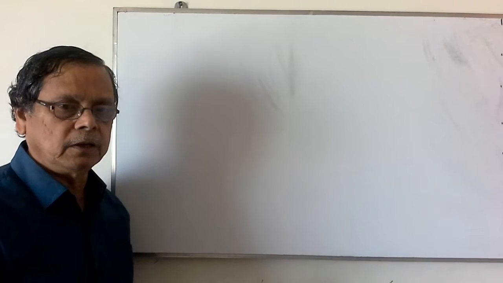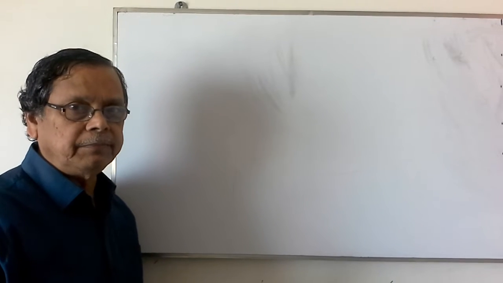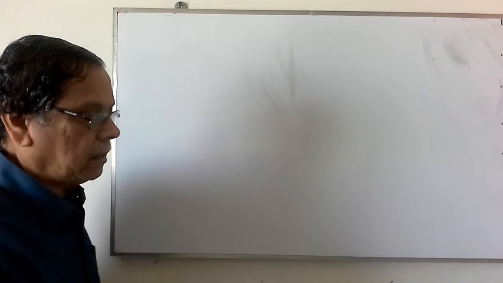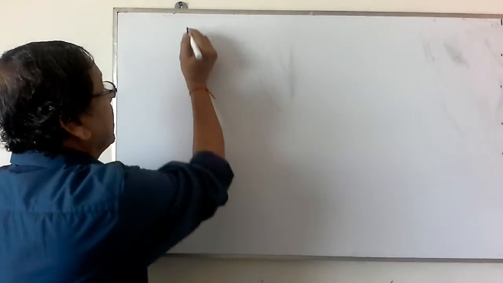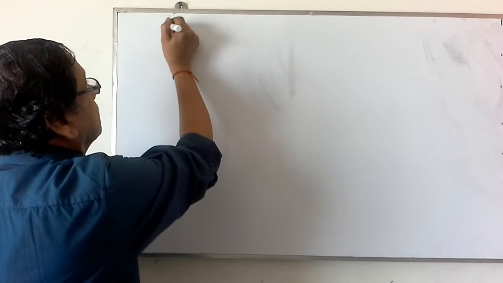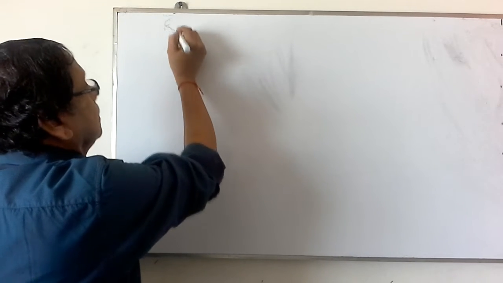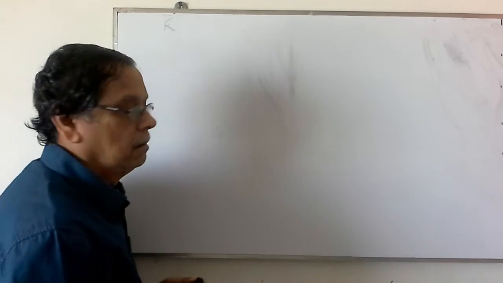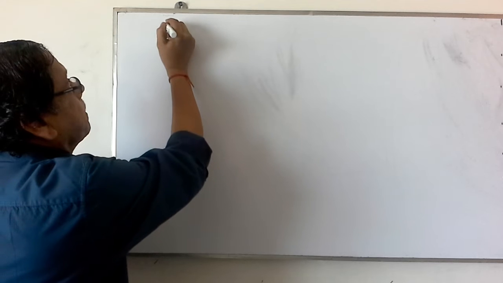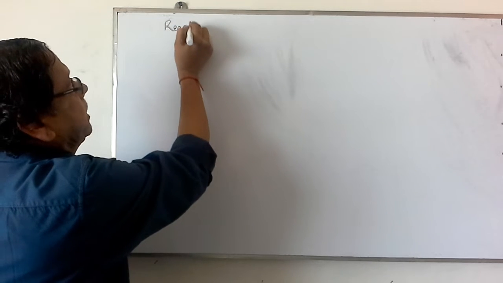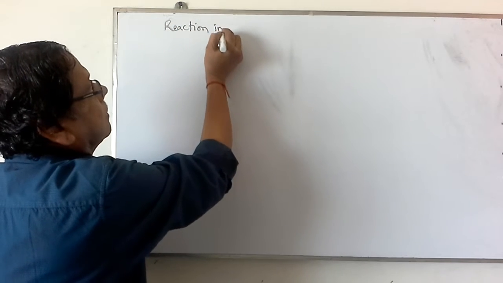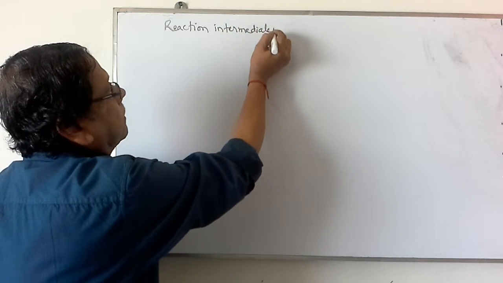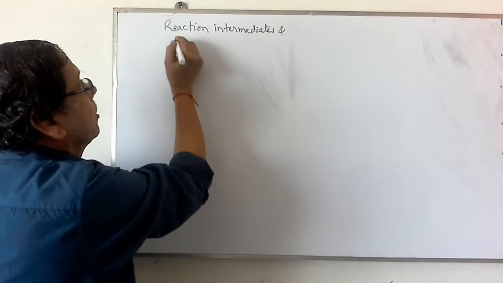Back to the first year organic chemistry. We were studying the basic concepts. In that one, now let us go for the electronic reaction intermediates, reaction intermediates and electronic effects.